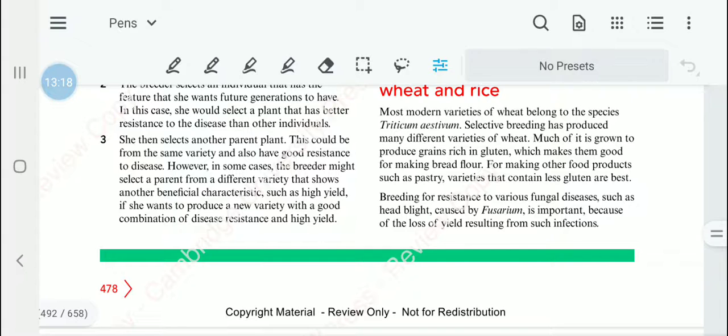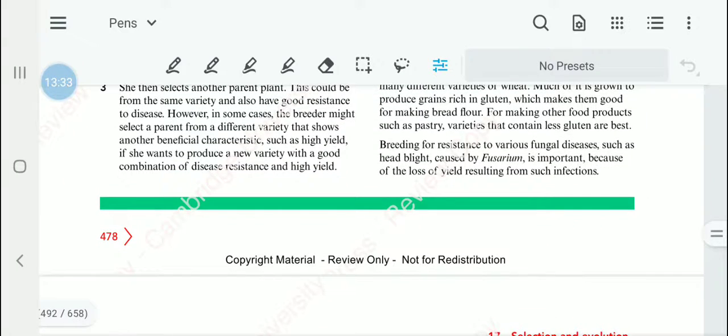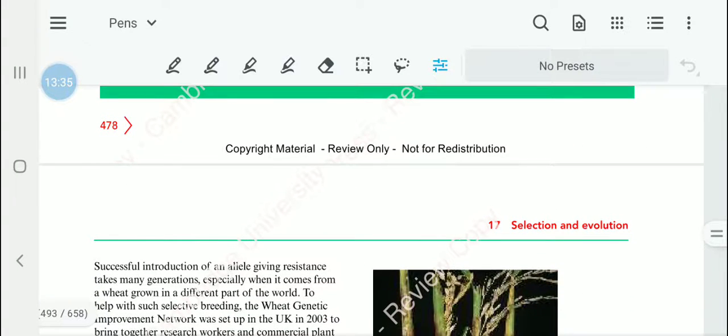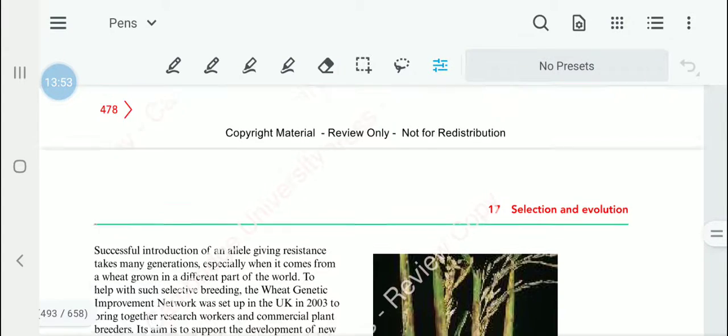Now when you have to breed for resistance against various fungal diseases such as head blight, which is caused by Fusarium, we have to be very cautious to select the varieties of wheat that are resistant to this disease, because when a plant is exposed to a disease, its yield will drop significantly, and sometimes it will perish entirely.